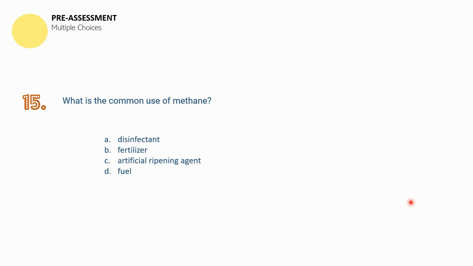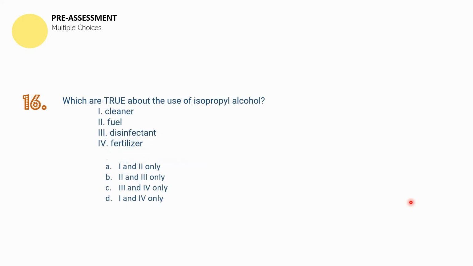Pause this video if you need more time. By continuing, it means that you are ready for the next question, question number 16. Which are true about the use of isopropyl alcohol? 1.